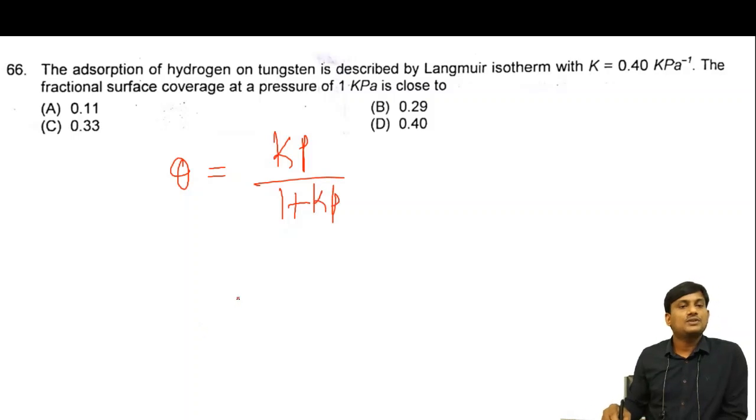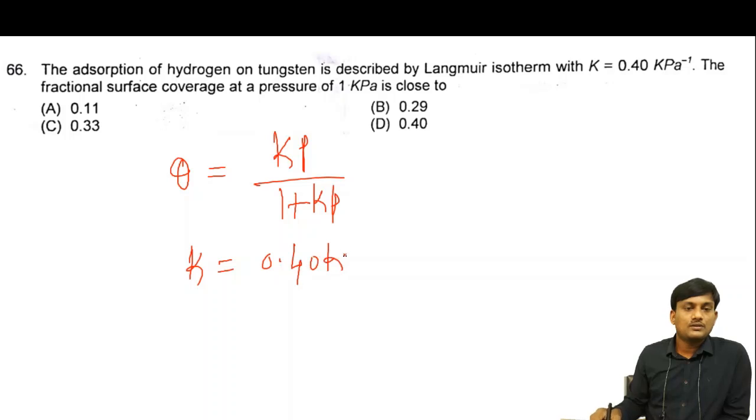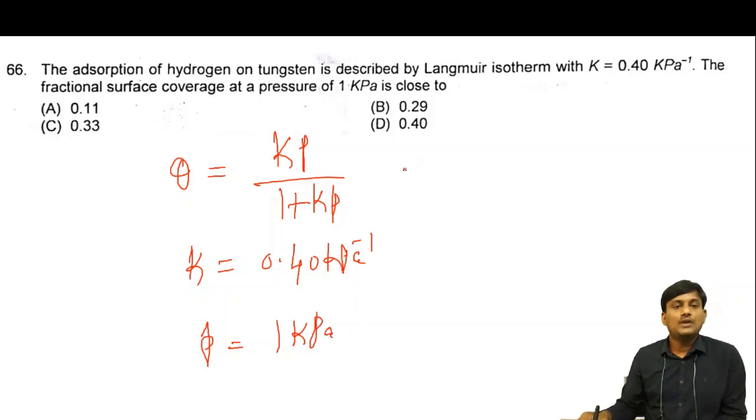This is the relation. Here, adsorption of hydrogen, Langmuir isotherm with K is given. K is equal to 0.40 kilopascal inverse, and P is given. P is equal to 1 kilopascal. You have to simply substitute.